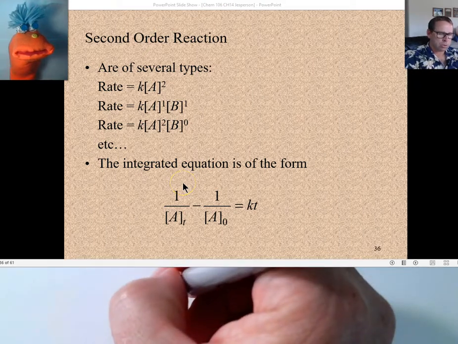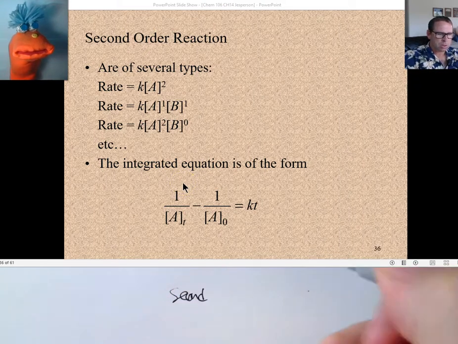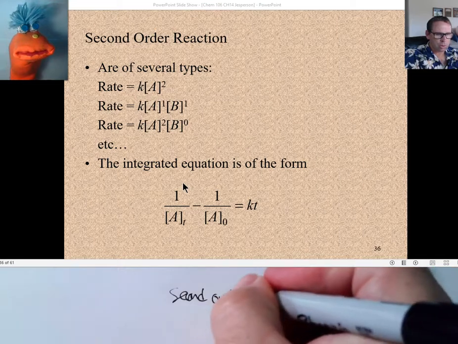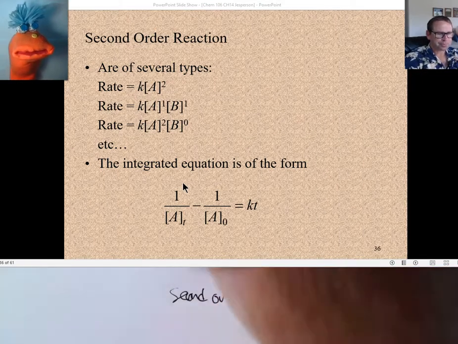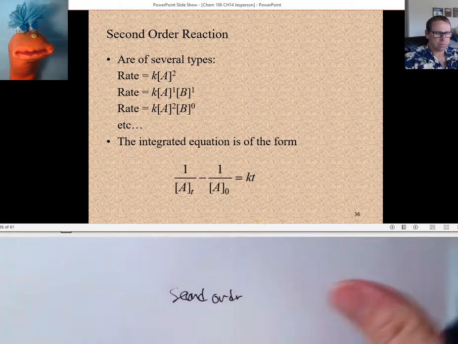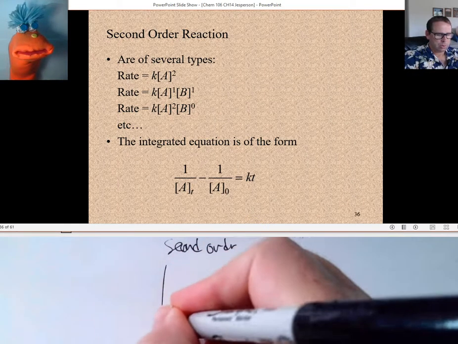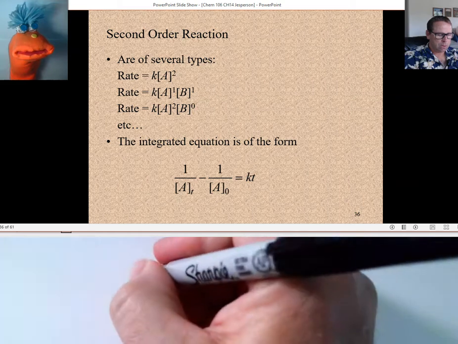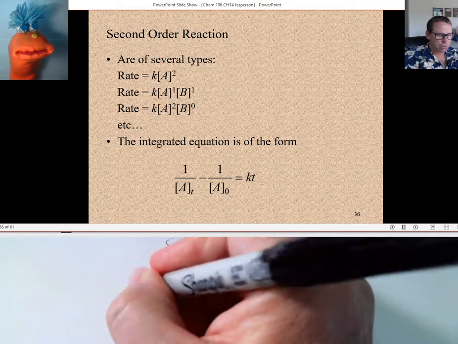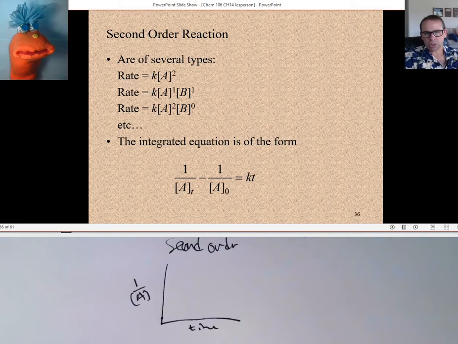Or in other words, for a second order reaction, if you plot 1 over the concentration of A versus time, it will be a linear relationship.